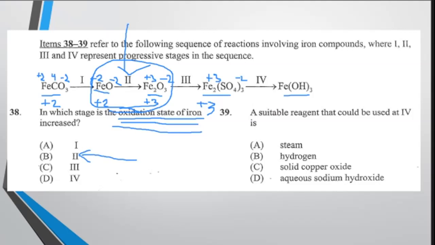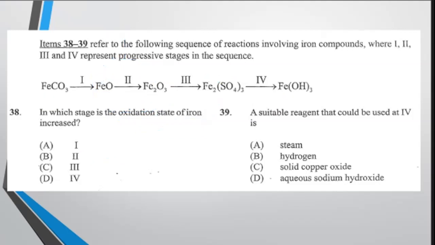All right. For 39, a suitable reagent that could be used at part 4 is: steam, which is water vapor, H2O; hydrogen; solid copper oxide; and aqueous sodium hydroxide. Let's see what happened. It went from Fe2(SO4)3, where you have a sulfate, to Fe(OH)3. So you need something that has OH inside of it in order for the iron to be bonded to an OH group.